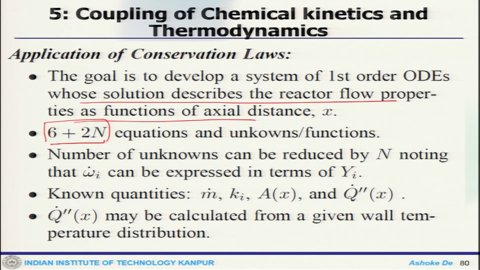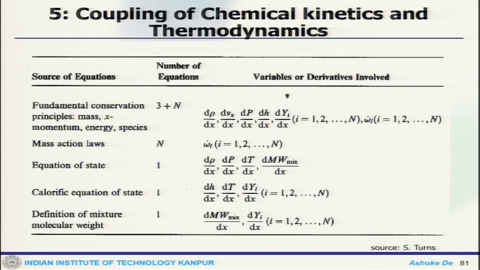So, the number of unknowns can be reduced by n, noting that omega dot i can be expressed in terms of Y i. So, the known quantities are mass flow rate m dot, k i, A x, q dot. This one can calculate from the given wall temperature distribution. Now, these are the fundamental conservation equations: mass, x momentum, energy, species.